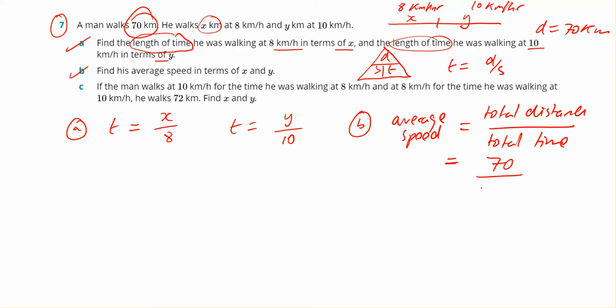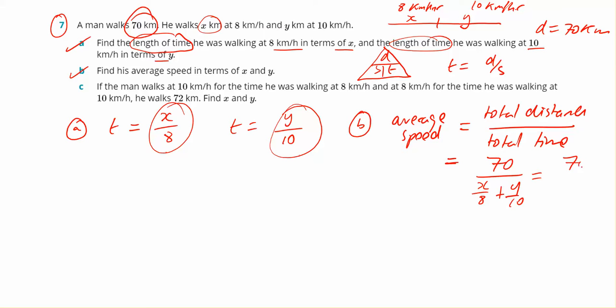The total time taken, I actually have to work out. I know the total time taken is this plus that, because this is the time he spent walking at 8 kilometers per hour, and this is the time he spent walking at 10 kilometers per hour. As an expression, it's just x on 8 plus y on 10.